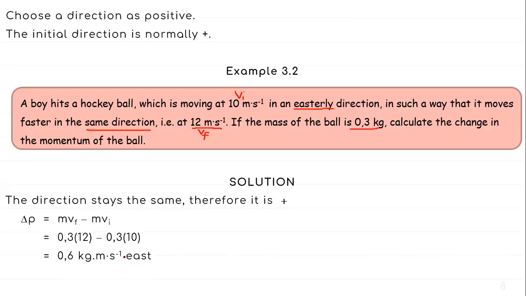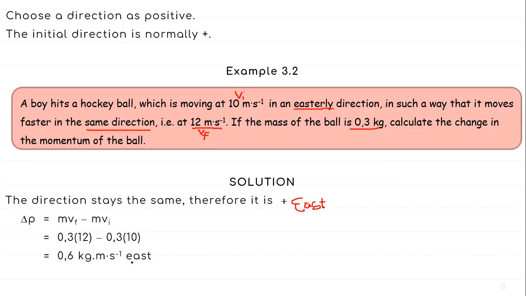And because the value is positive, then it will mean east. It means we chose east as positive. Now, my dear learners, the mistake that we often see is that even if they told you that the object is moving east, some of the learners will actually write or take the direction to be to the right.